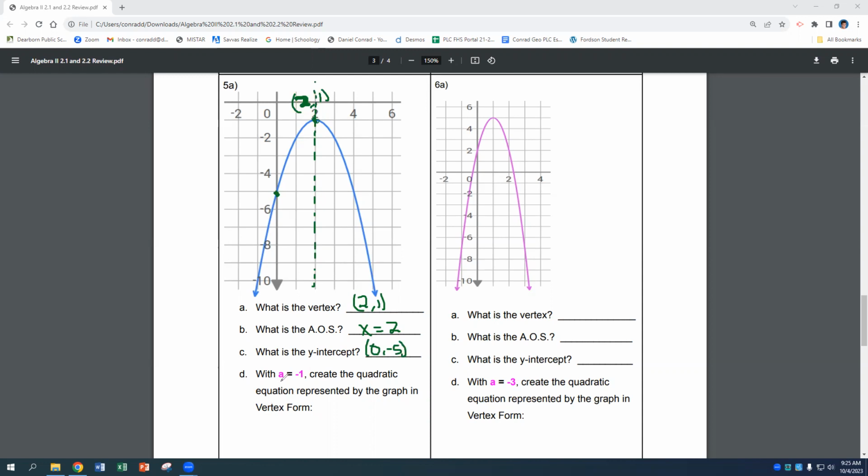Okay, and then if a equals -1, we can write our vertex form. So vertex form, again, is f of x equals a times x minus h squared plus k. All right, so in this case, f of x is going to equal -1, so just negative, and then x minus 2 squared plus 1.